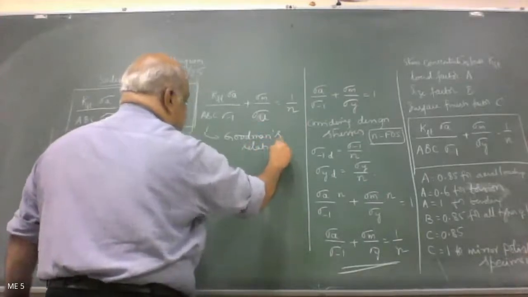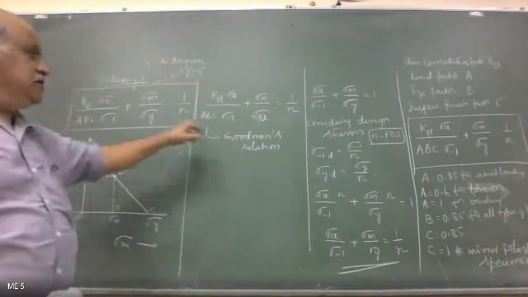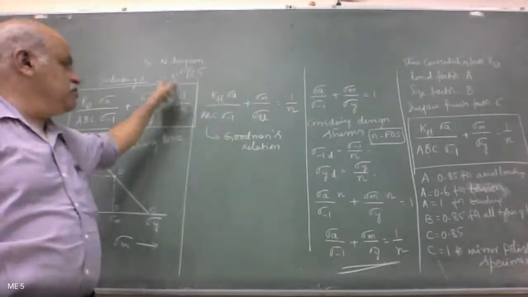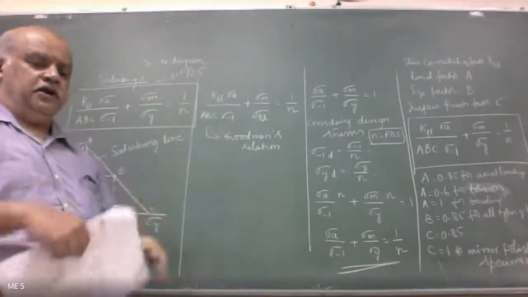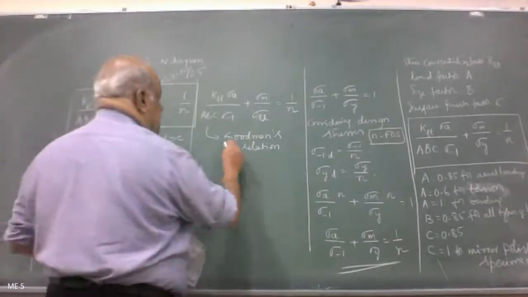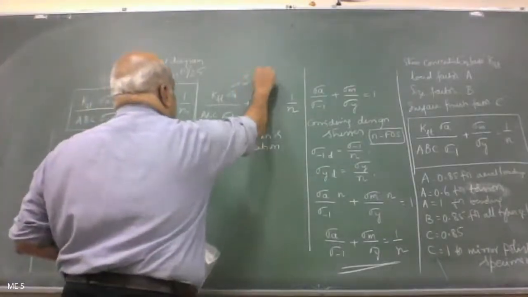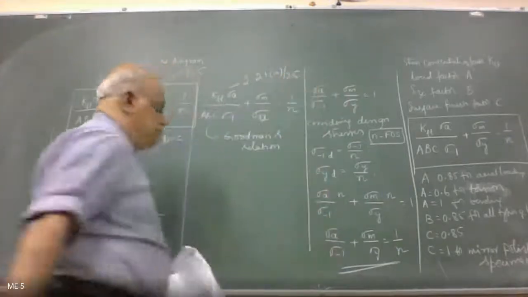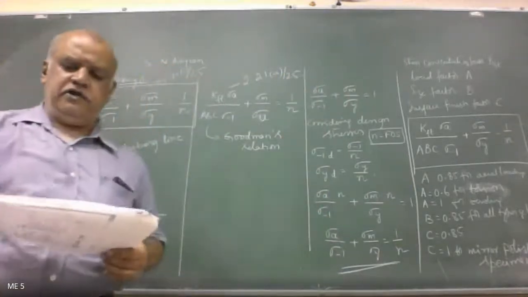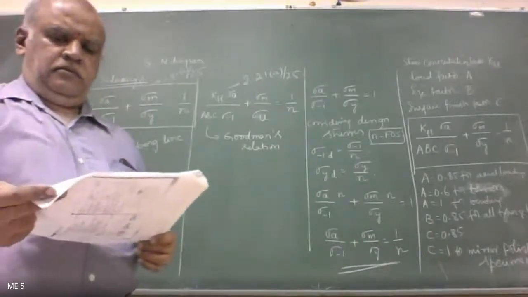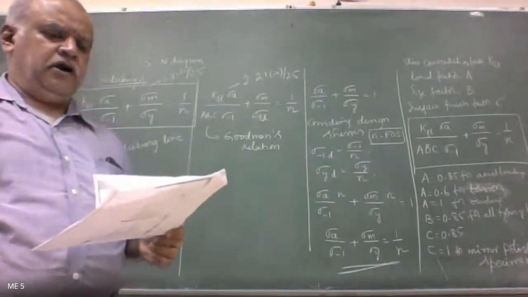So if both yield stress and ultimate stress are given, we need to find out parameters using both Soderberg's equation and Goodman's equation. So this is given by equation number 2.21a in page number 25. Please look there for the equations, for ductile materials.